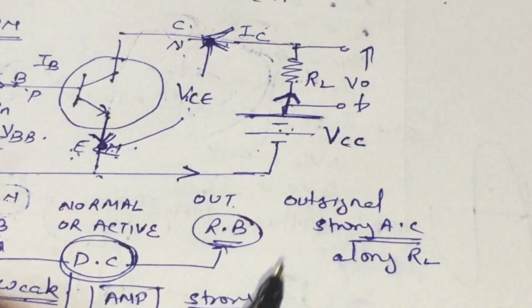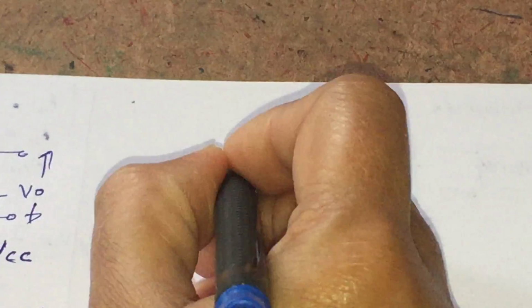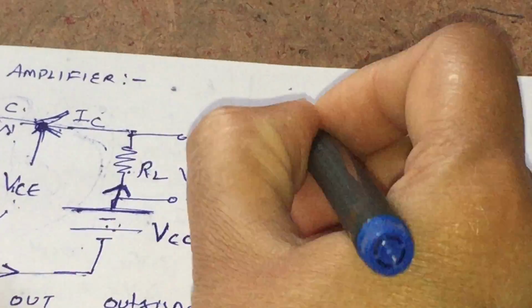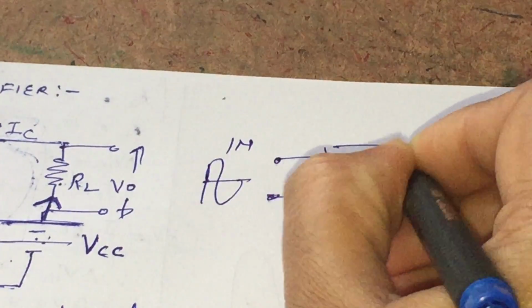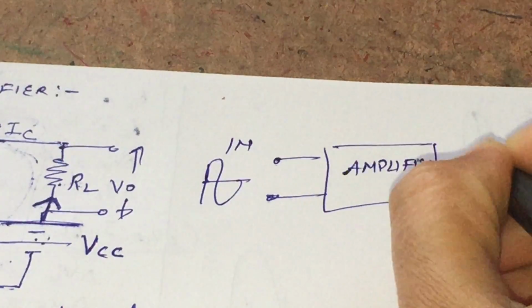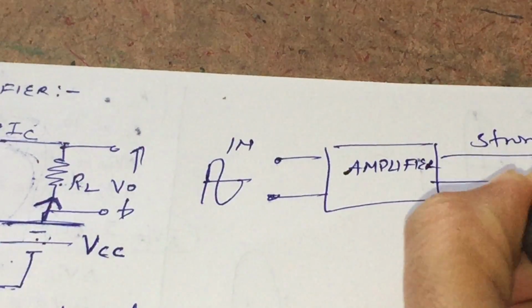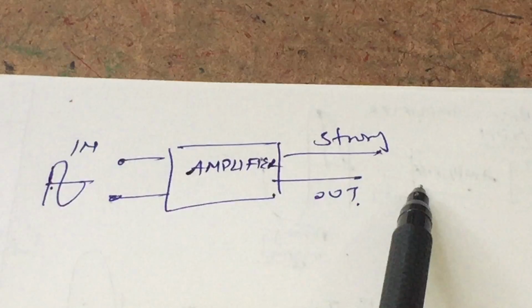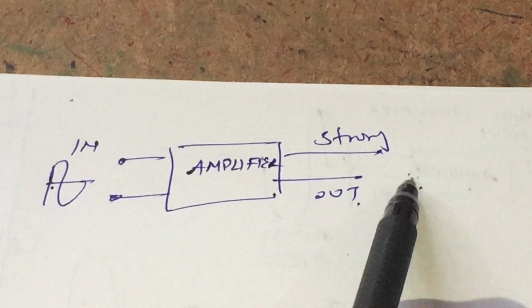In the common emitter amplifier, we take a small or weak signal at the input side, and when this is fed to the amplifier we get a strong output signal, and we will find out what the phase relation is between the input signal and the strong output signal.